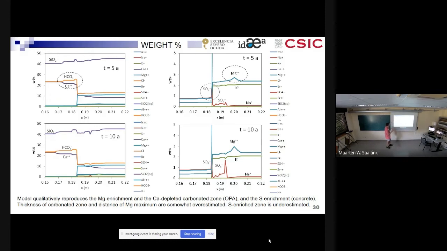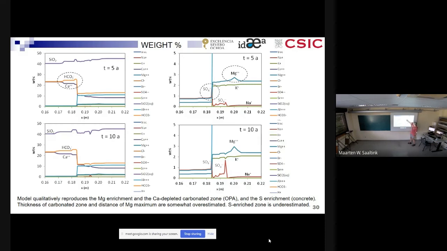But having said that, the thickness of this is thicker than is actually observed. The observed measurement is much narrower, maybe half the length. Also, the position of the magnesium maximum should be a bit closer to the interface. So qualitatively we reproduce it, but it should be at about 1 centimeter or maybe a bit less.